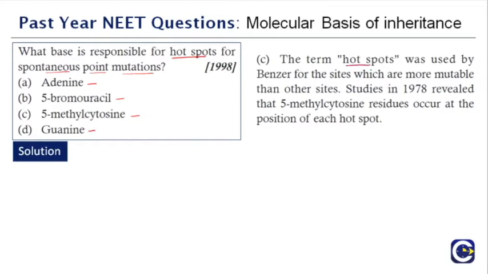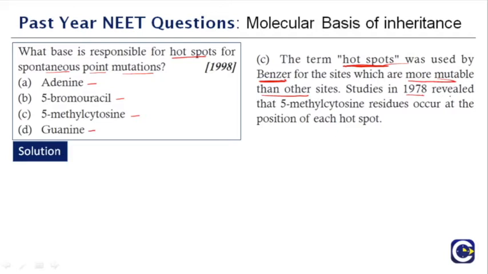The term hotspot was used by Benzer, and again, you can add this name to the list of your scientists. Make a list of the scientists because names of the scientists are very important. The term hotspot was used by Benzer for the sites which are more mutable than the other sites.